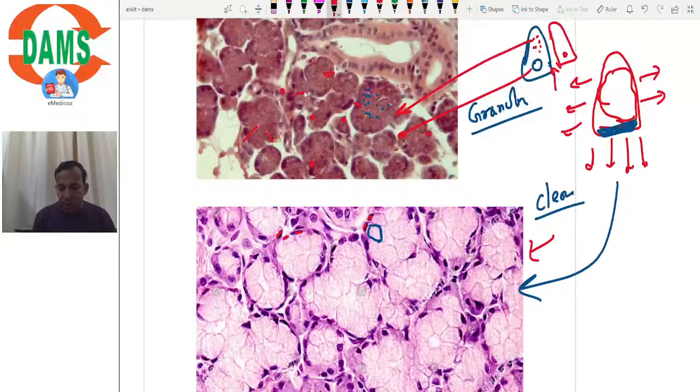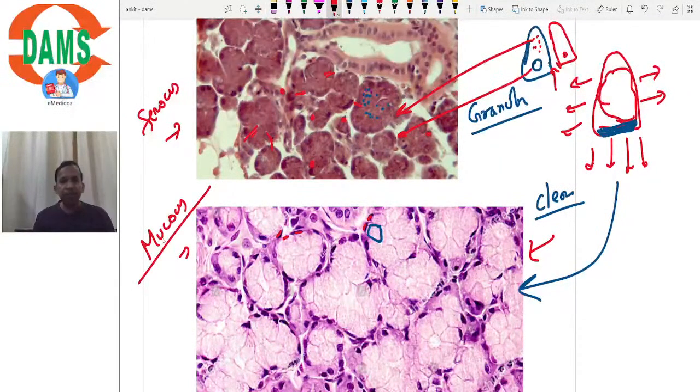So even intercellular space can be appreciated here, isn't it? Intercellular space can be appreciated, zymogen granules, and the difference in nucleus. So all these three will help you differentiate between mucus and serous glands. So this is serous, and the second one is mucus. Clear? Let's go to the next question.